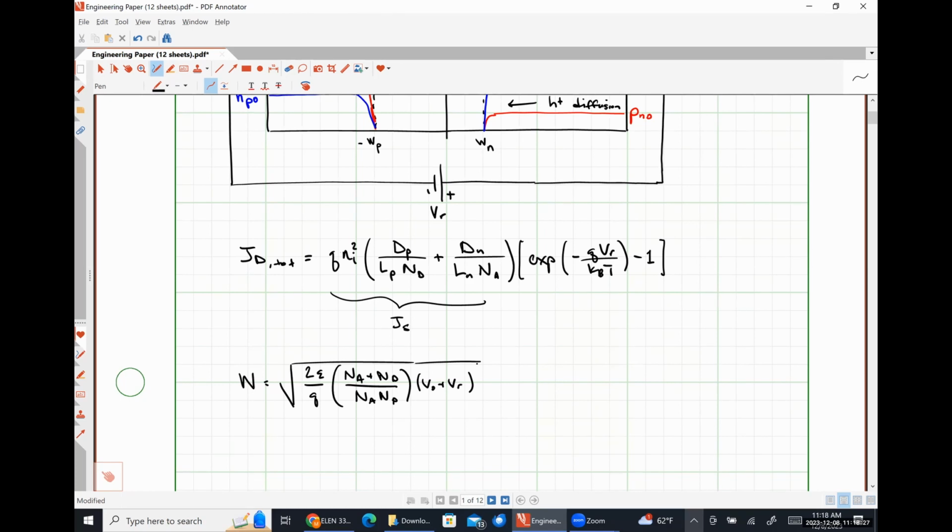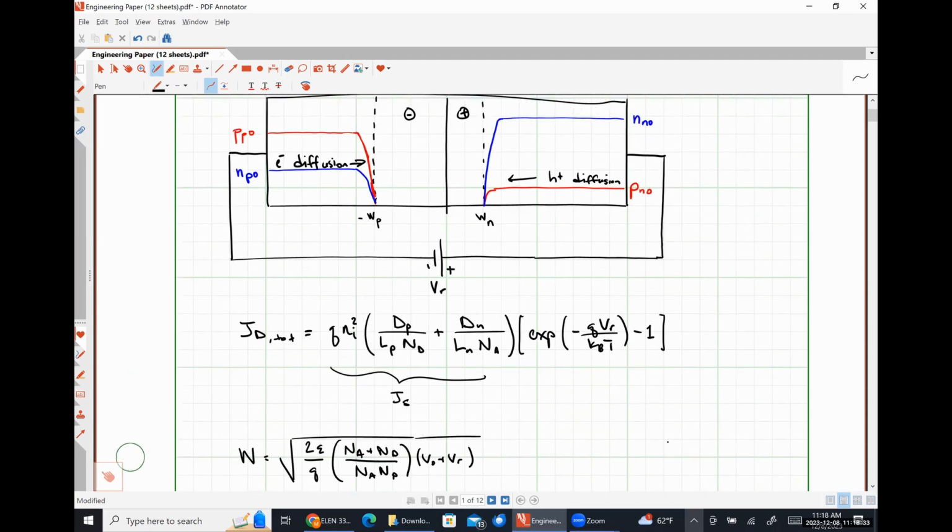Let's talk about depletion layer capacitance. We know that for a forward bias junction, we had a capacitance that was associated with the injected minority carriers on either side of the junction. We don't have anything like that here.